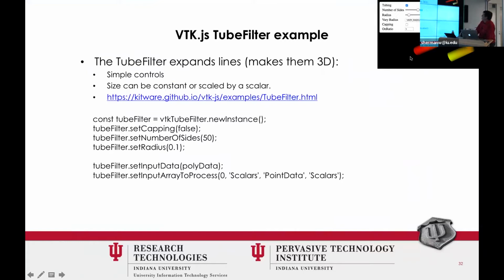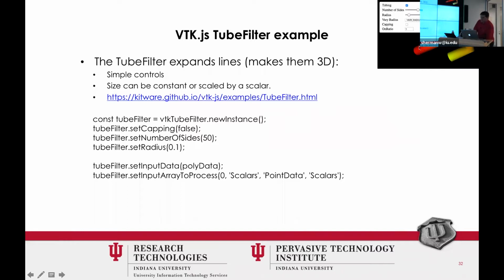But in addition to just making it thick, you can also, as you see in the controls here, so this is not an interactive picture, but there's a chooser here that says vary radius off. I can turn this to different options, one of which is set the radius based on a certain scalar value. So here it's a constant radius, but I could make it so it's thinner down here where the values are lower and then gets thicker up here.